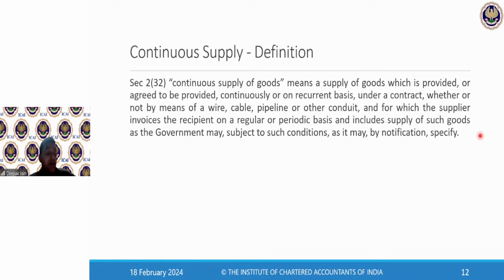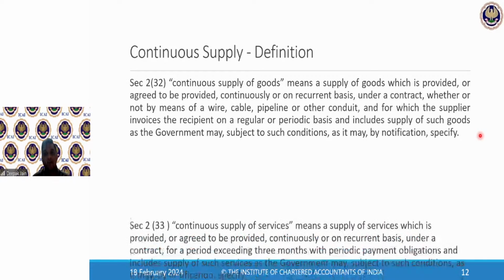Or a pipeline, wherein petroleum or other kinds of fuels are supplied through a pipeline or any conduit or any other mode. And the supplier invoices the recipient on a regular and periodic basis. The periodic basis could be monthly, quarterly, anything. That is called a continuous supply.